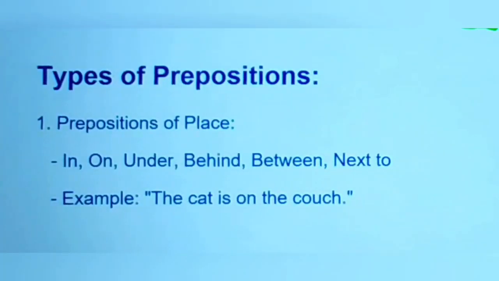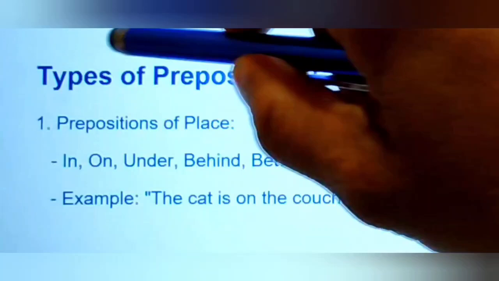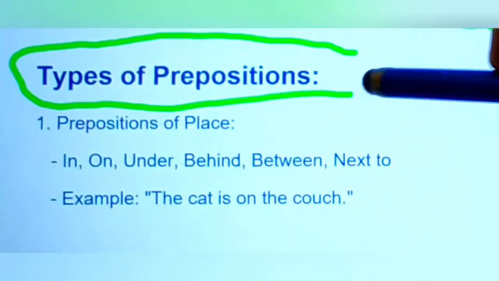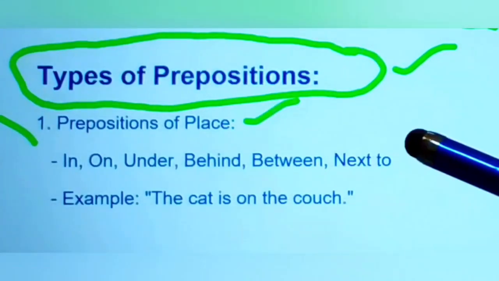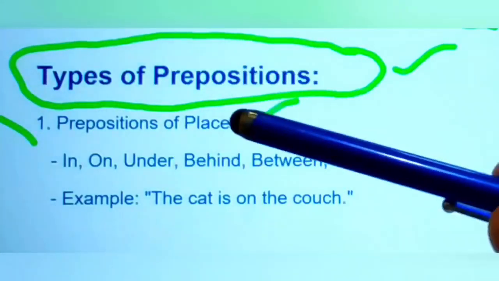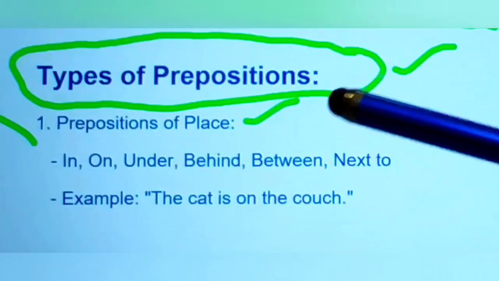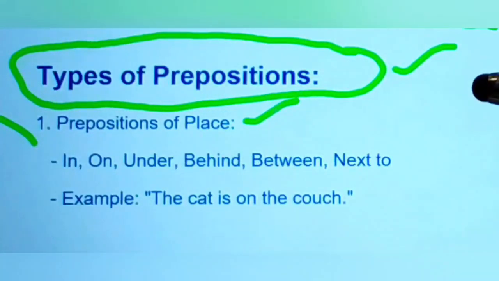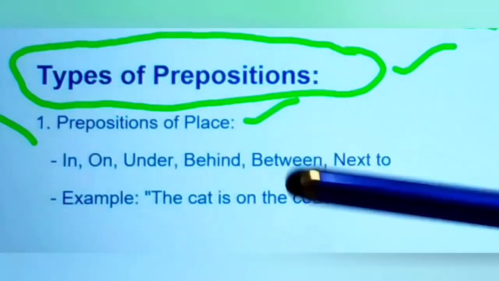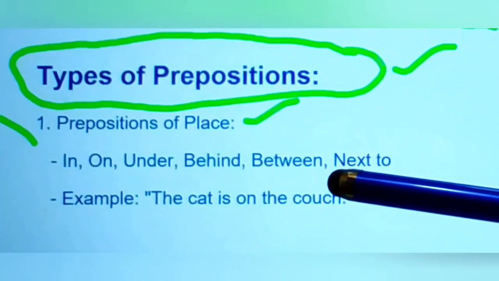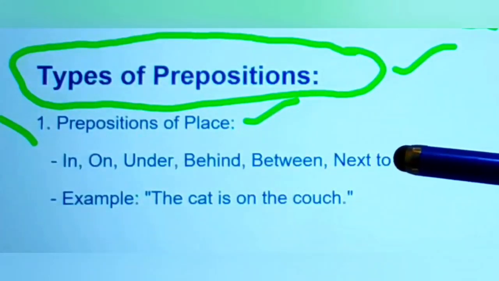Let's further describe the types of prepositions. How many types of prepositions are there? We'll describe them one by one in detail. First of all, we have prepositions of place. This one describes the place. For example here: in, on, under, behind, between, next to.